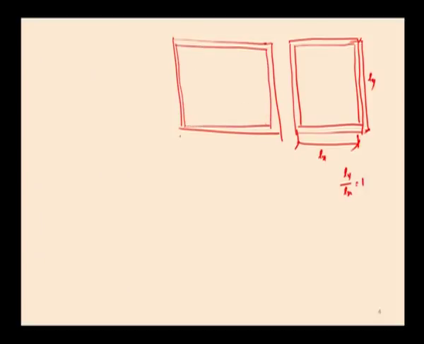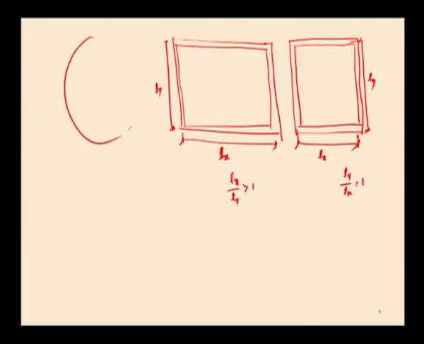If the length of the slab is different from the width of the slab, here this is taken as Lx and this is taken as Ly. So here Lx divided by Ly is greater than 1, and it has to be treated as a rectangular slab normally.